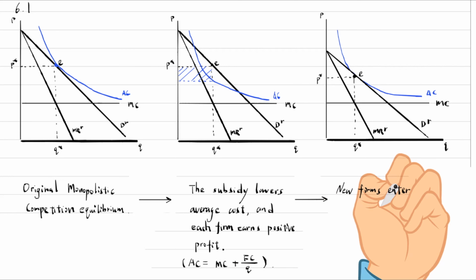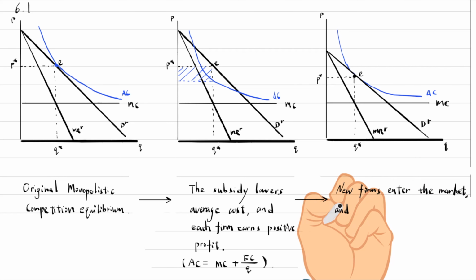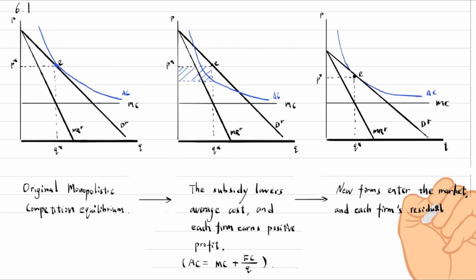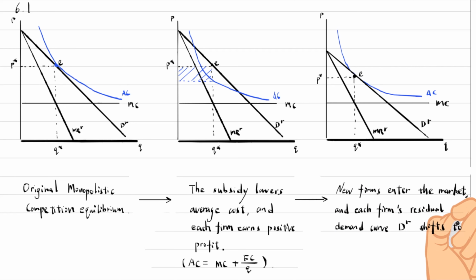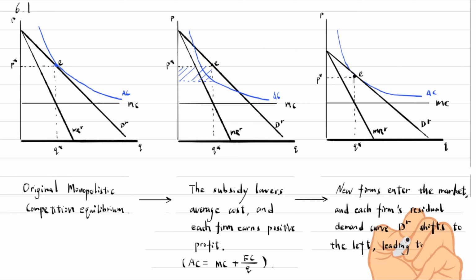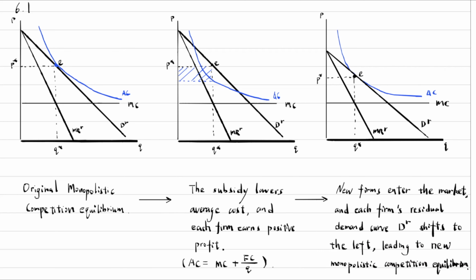The third figure shows that the positive profit in the industry attracts new firms to enter the market. With more firms in the market, each firm's residual demand curve shifts to the left, meaning that each firm sells fewer products at a given price. The new equilibrium price falls.